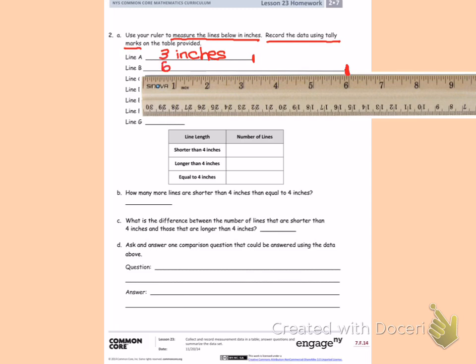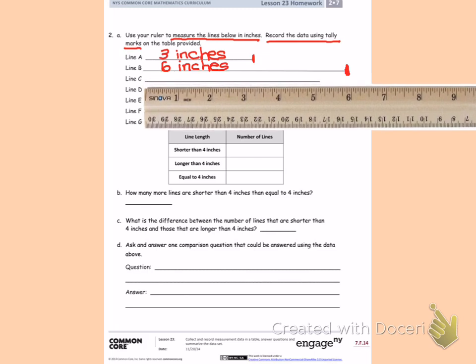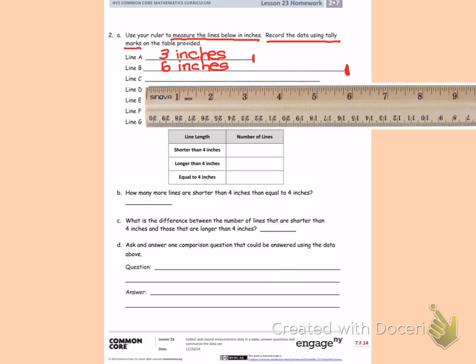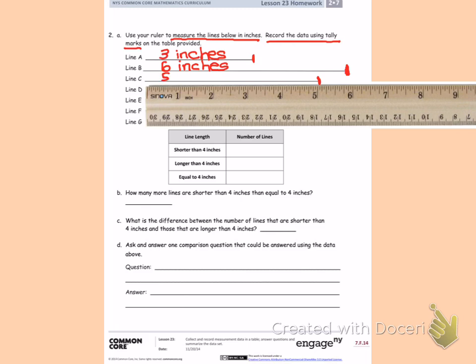Line B is 6 inches. Now I'll move my ruler and measure line C. Line C goes to the 5 on my inch ruler. So line C is 5 inches.